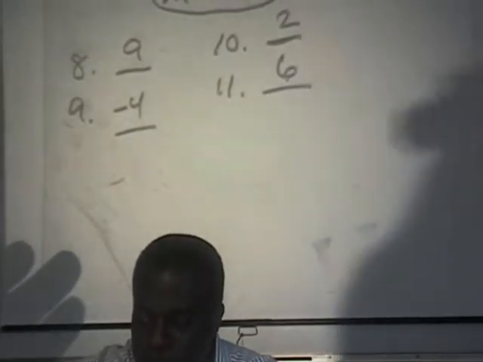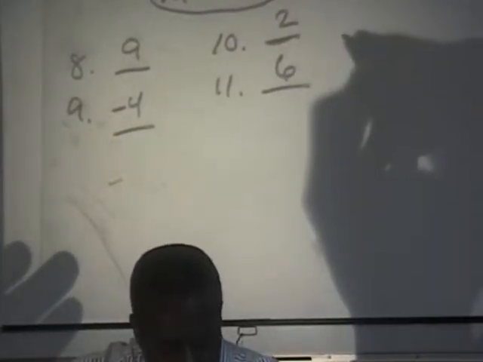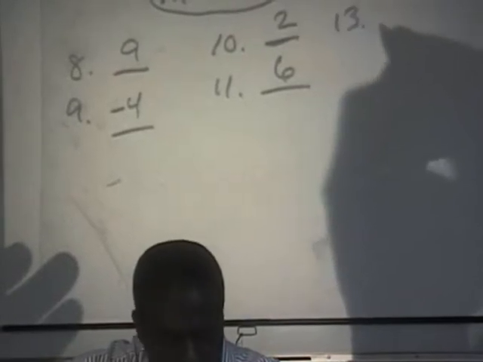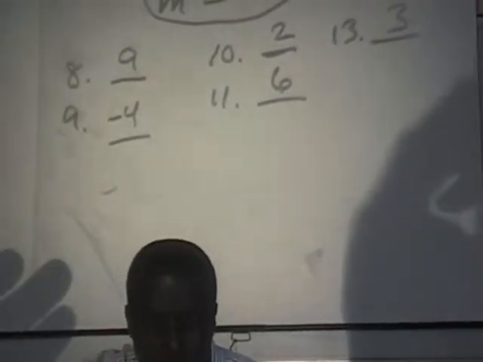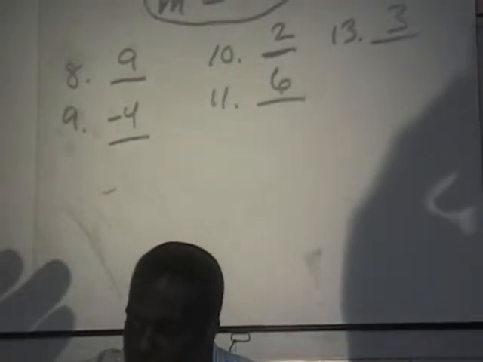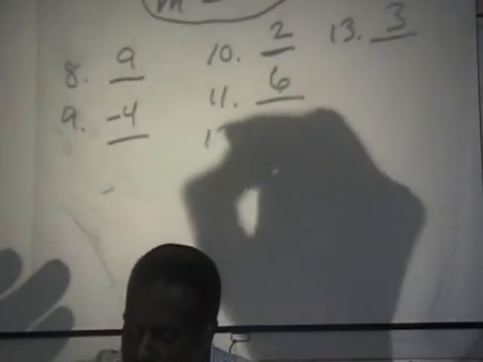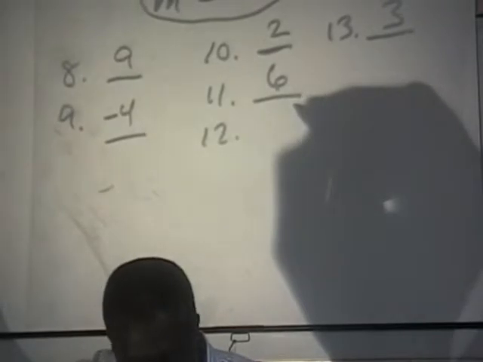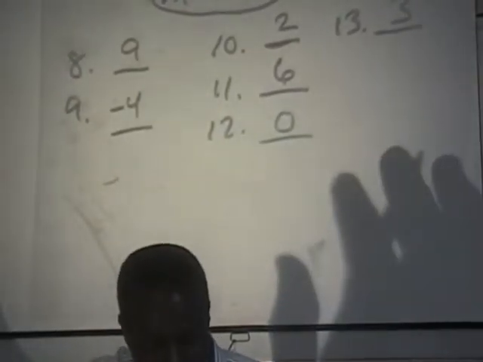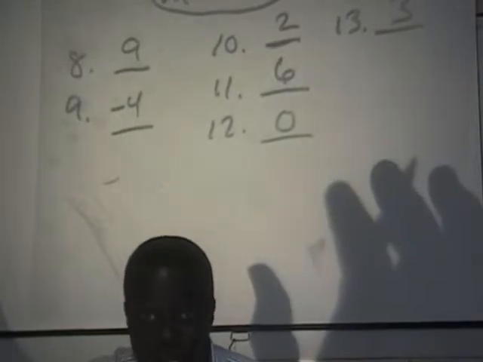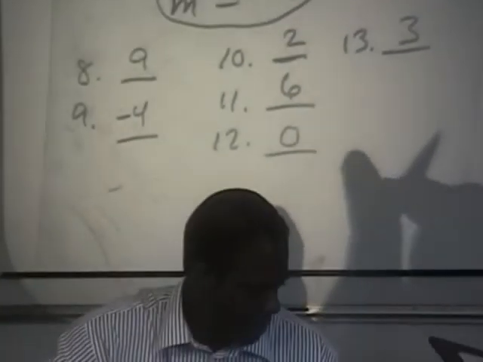Okay, problem number 13, the answer is 3. And I skipped 12, right? Number 12, the answer is 0. Thank you, Melissa. And now let's go to number 14.